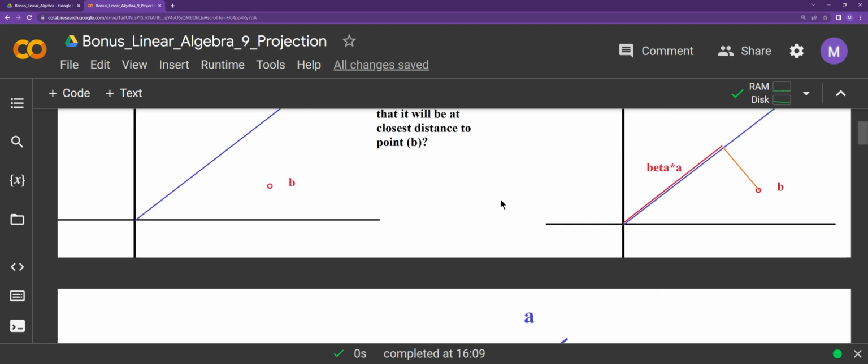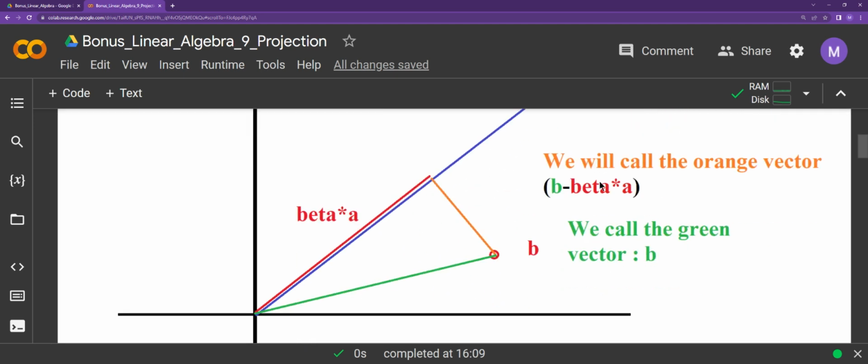Okay, let's just expand this a bit further. Now assume that instead of point B, there is a vector called B, this green vector. Okay, so we have this green vector, and the orange vector is the vector that goes from point B vertically over to vector A and the beta A that we just discussed.